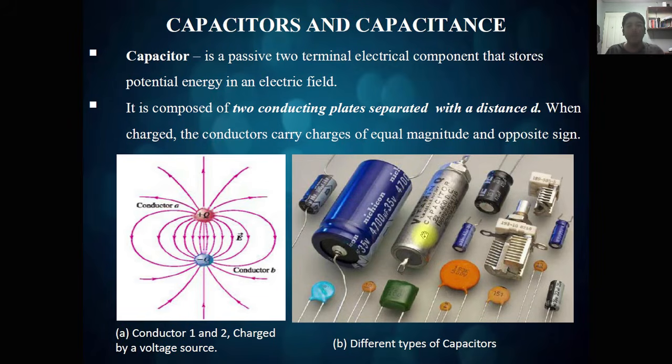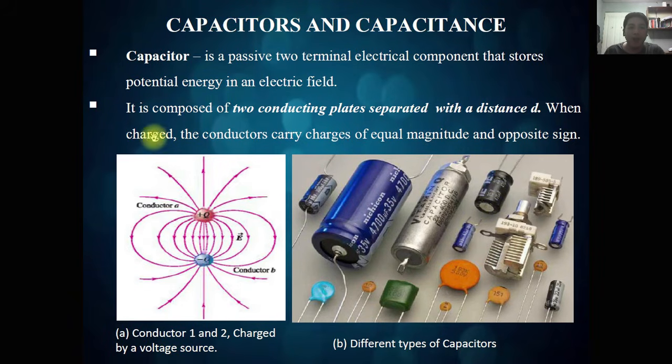When we talk about a capacitor, we are concerned about its ability to store energy in the form of an electric field, and that is called the capacitance. Its unit is the farad, named after the great scientist Faraday.